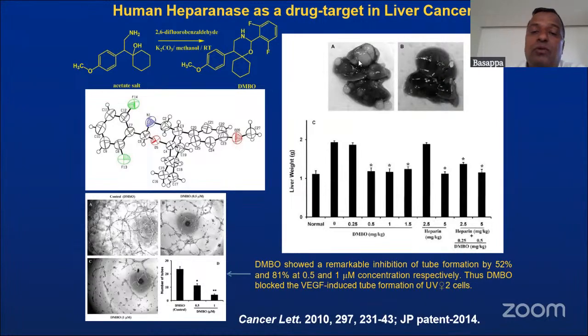I used this compound, and then we injected the cells into the black mouse via tail vein, where liver metastasis could occur.